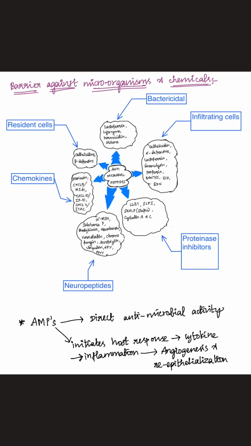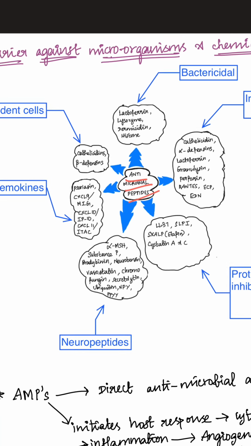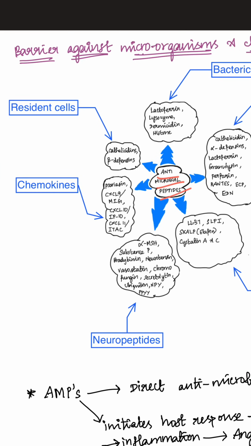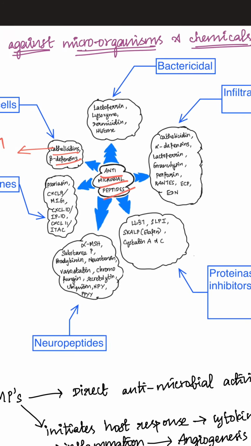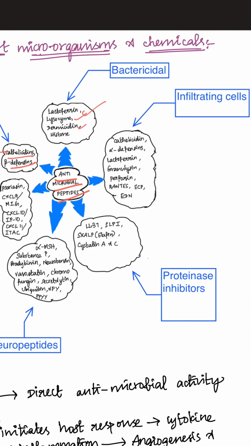Against microorganisms, antimicrobial peptides play an important role. These antimicrobial peptides are of many types, like the resident cells, such as cathelicidin and beta defensin. This cathelicidin is otherwise called LL37 and it plays an important role in many diseases. And those that are bactericidal, like lactoferrin, lysozyme, dermicidin, histone, etc. And infiltrating cells like cathelicidin, alpha defensin, granulysin, perforin, and many others.